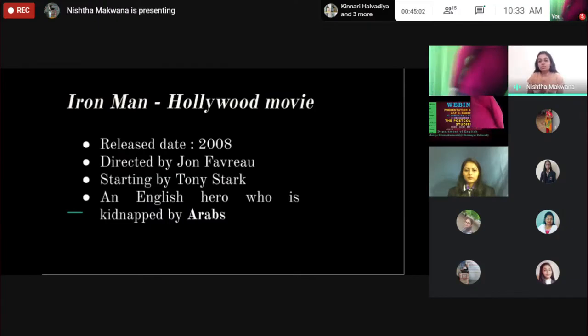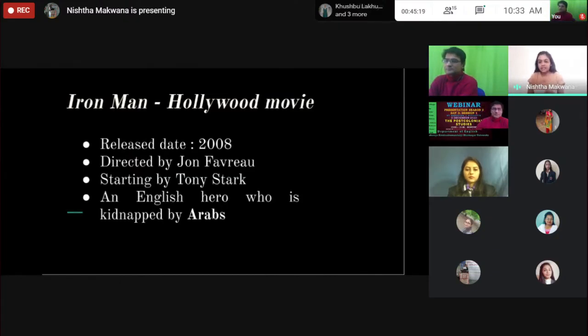In the Hollywood movie Iron Man, which was released in 2008, directed by John, we can also find a little scene where the English hero is kidnapped by the Arabs, and they are trying to kill him. As we know, Iron Man is an English hero who is trying to save the whole world, but Arabs are trying to kill him.